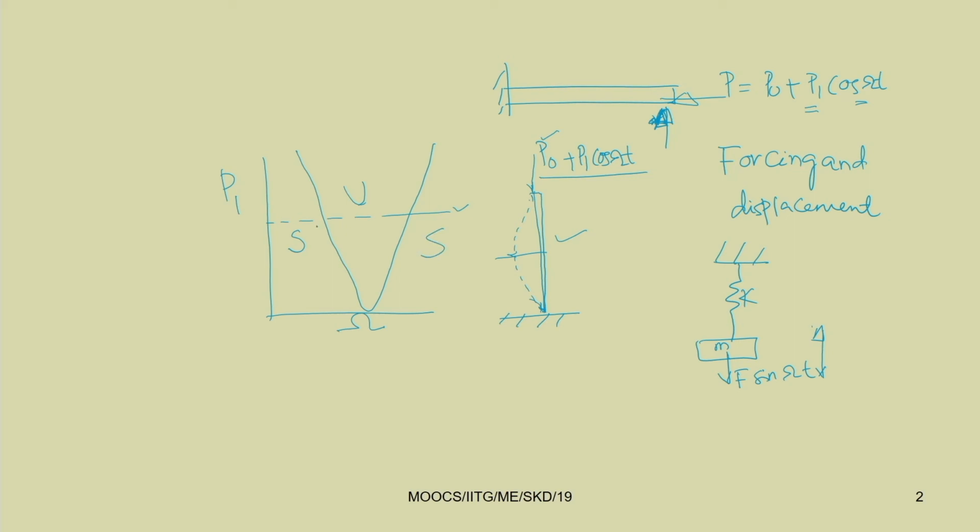For this value of omega, the system remains stable, so there will be no buckling. Similarly, for values greater than this, there will be no buckling and the system will be stable, but in this range the system is unstable and the column starts to buckle. So, we have to find different values of P 1 and omega for which it will start to buckle.